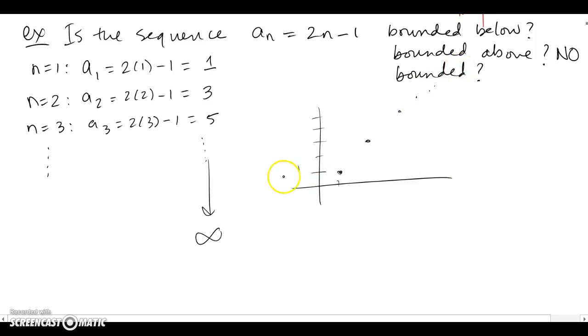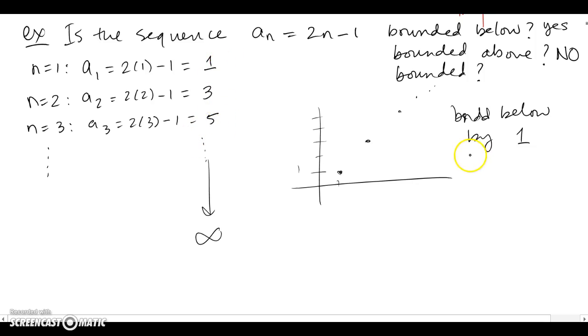But at the bottom, you could say that there is a bound below because none of these terms go below 1. So you can say, yes, it is bounded below, and you can give any number that's either 1 or smaller than 1. So we can say bounded below by 1, because everything is bigger or equal to 1.